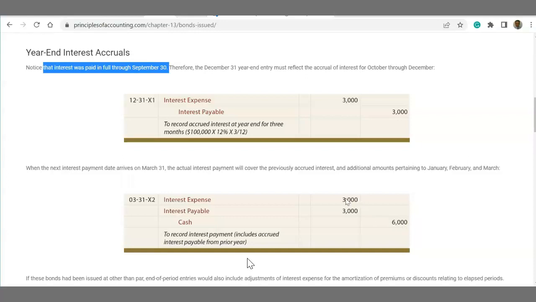The interest expense for January, February, and March will again be $3,000. But the interest payable that we recognized already will be closed. So for year 22, up to March, we only have interest expense of $3,000 for 3 months. So this is when the bond is issued in between dates compared to the annual calendar.